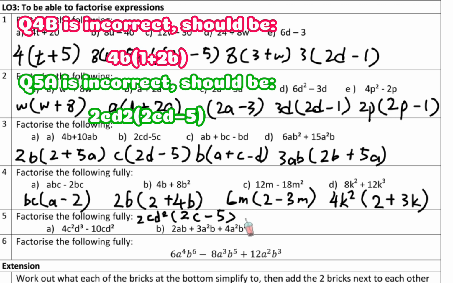For B, we can take A bracket 2b plus 3ab.